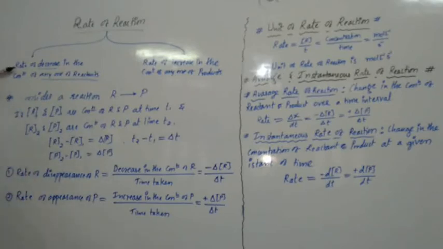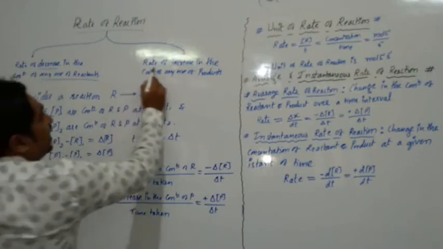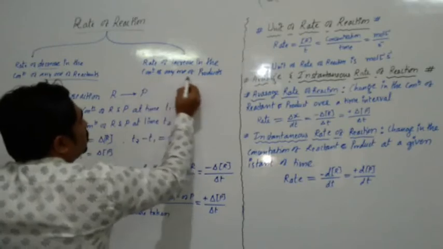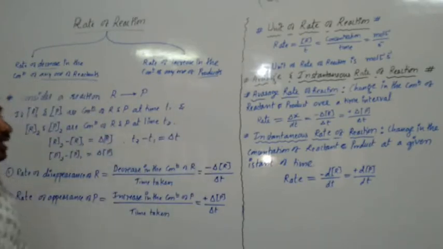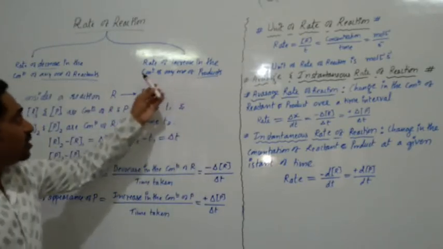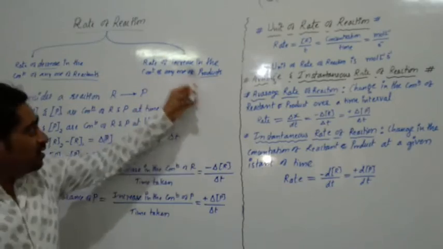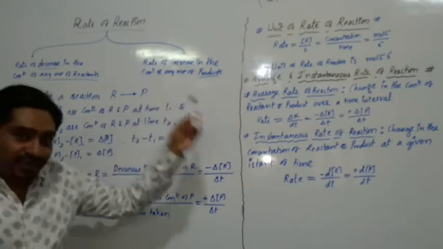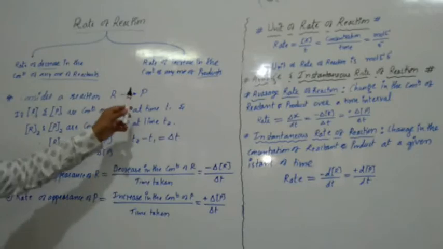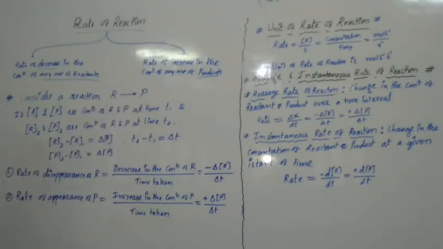If I calculate the rate of decrease in the concentration of any one of the reactants, I can get the rate of the reaction, or the rate of increase in the concentration of any one of the products. If I calculate this, then also I am going to get the rate of the reaction. Both are equal.